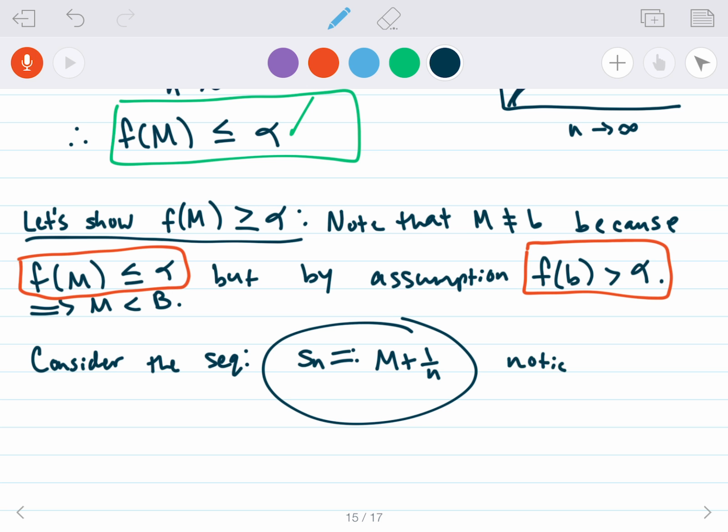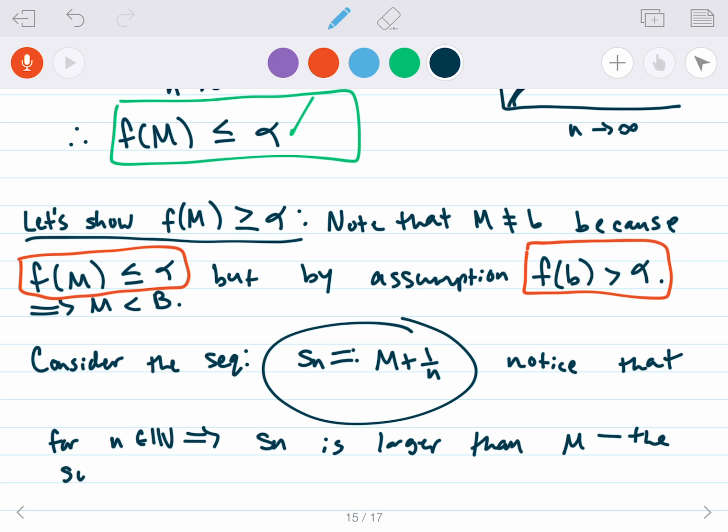Notice that for each n in the naturals, this is going to imply that S sub n is larger than m, the supremum of A. So what does this mean?